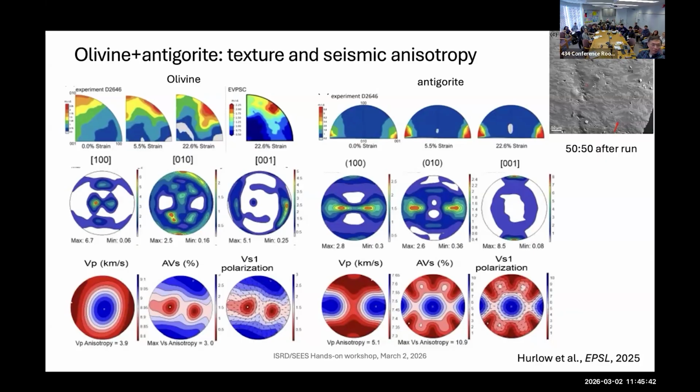They can get the texture information and use the elastoplastic self-consistent modeling to match the observation. For antigorite there are fewer peaks, so they could not really do the theoretical modeling. But from that information, they can calculate the seismic anisotropy of the subducting slab materials.